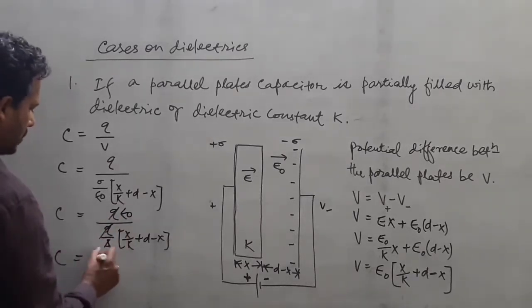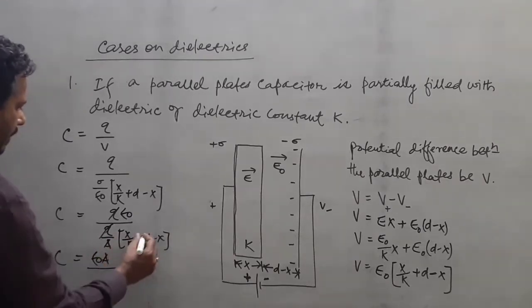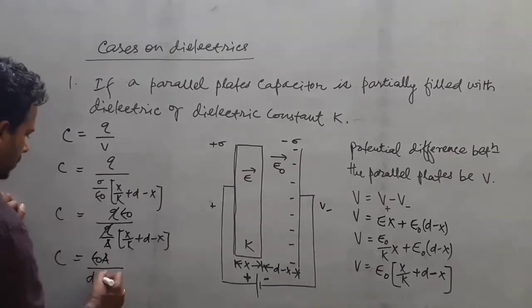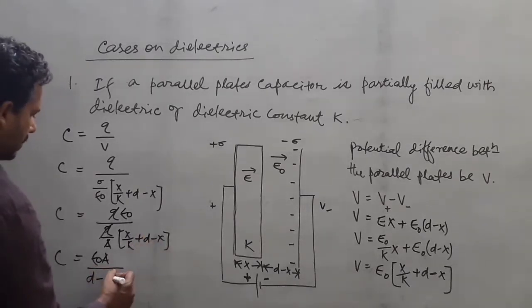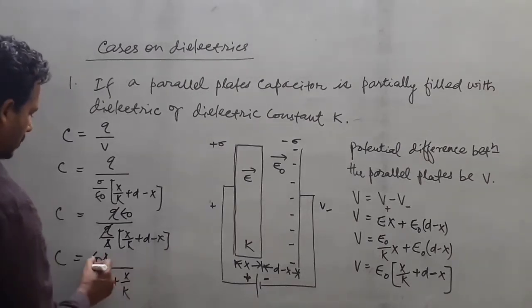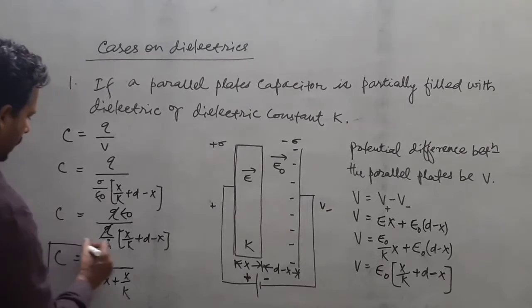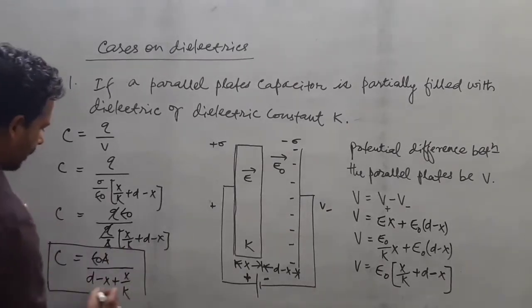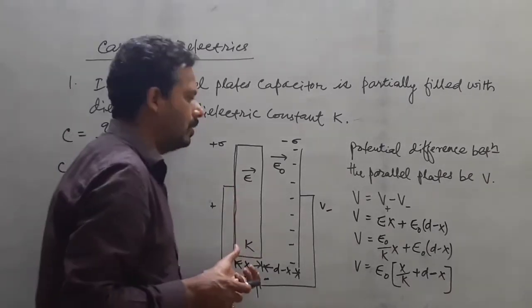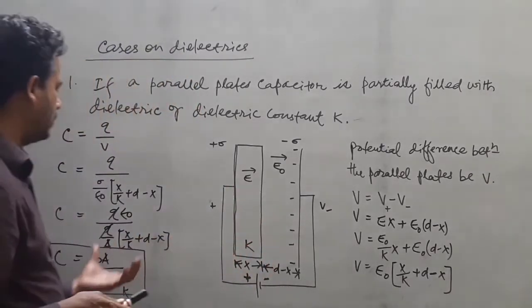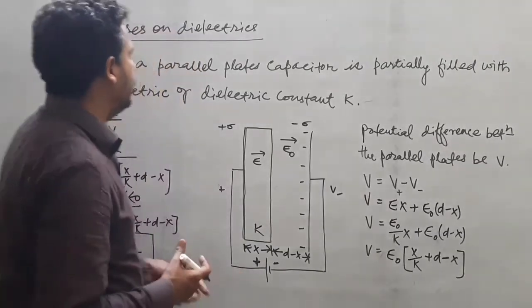So there is epsilon naught A divided by D minus X, and I am going to write it in arranged order: D minus X plus X by K. So this is the result when a parallel plate capacitor is partially filled by a dielectric of dielectric constant K.